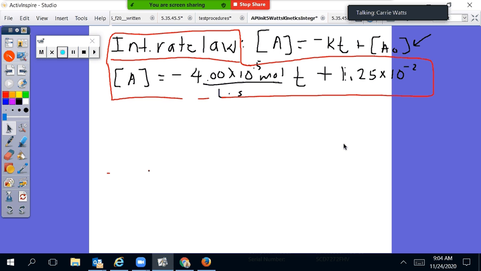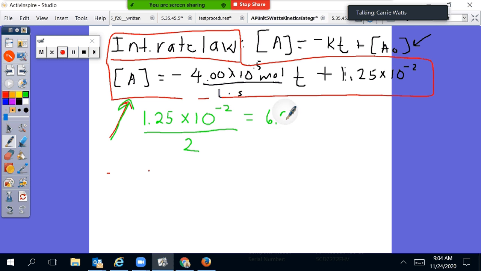I just did it in a simple way. I knew that I wanted A to drop in half, so I wanted to see how much time it would take for A to drop in half. I took my initial amount, which was 1.25 times 10 to the negative second, that's my A naught, and I divided it by 2.